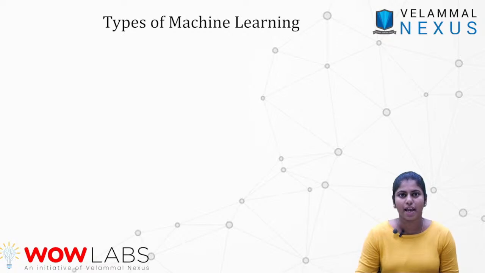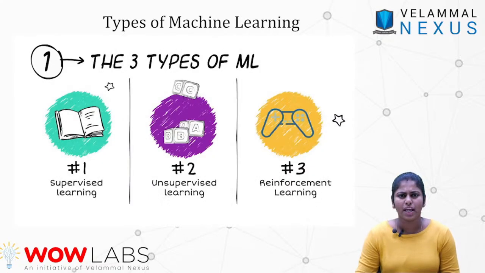Let's jump into types of machine learning. So, in supervised learning, the answer or result portion of an example is called a label. Each example in a labeled data set consists of one or more features and a label.